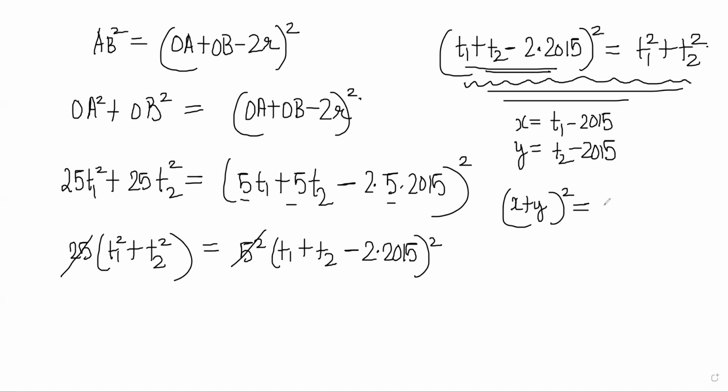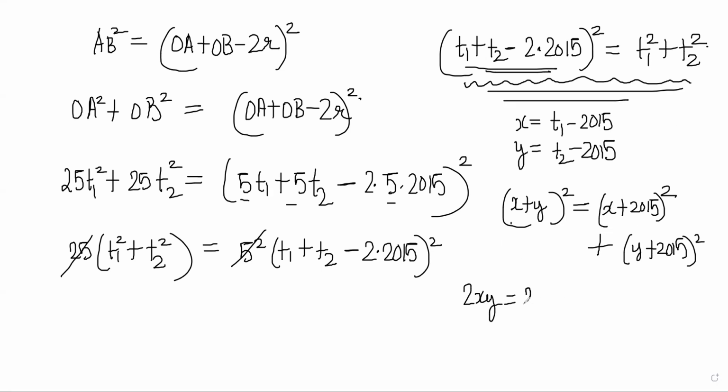So that is (x plus 2015) whole square plus (y plus 2015) whole square, right? Now we simplify it. We will get 2xy here because x square plus y square will get cancelled.